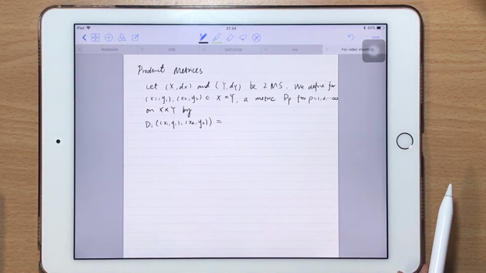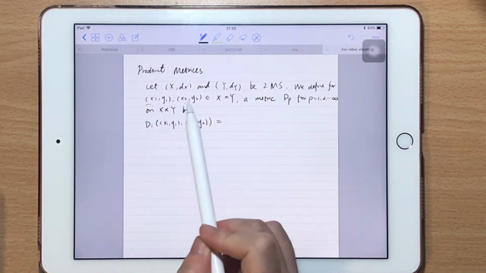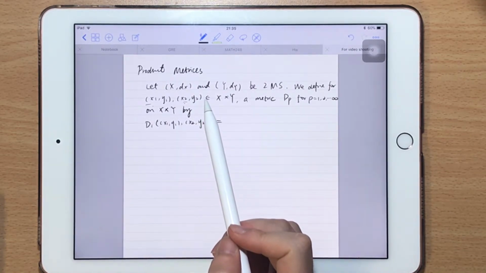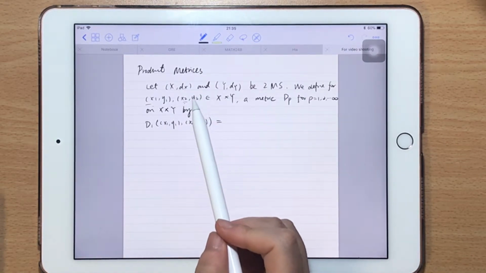We already know that X is a metric space and Y is a metric space, right? So even if I don't give you the definition for the capital Dp, D1 or D2 or D infinity, I think we can guess, because x1 and x2 are from the same set, and the metric dx works for x1 and x2.